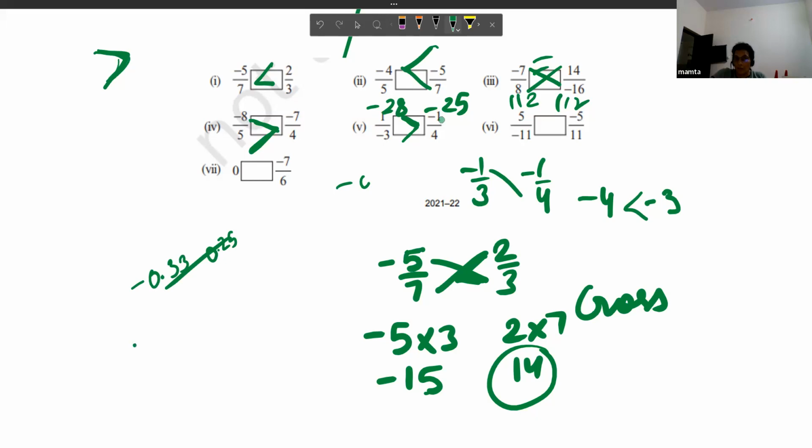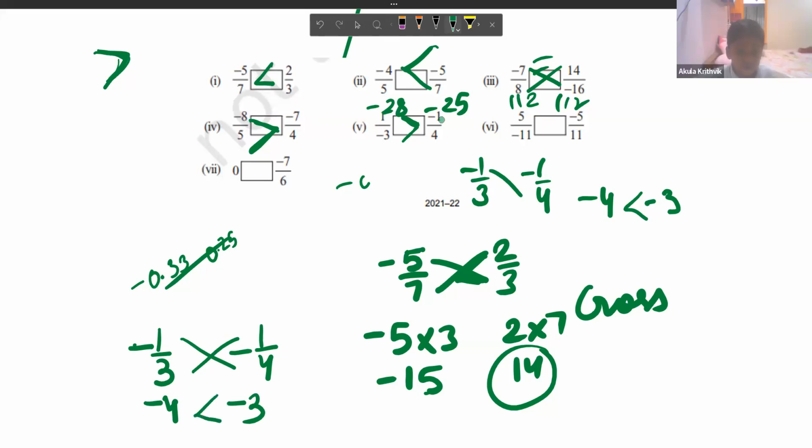This 1 upon minus 3 can also be written as minus 1 by 3. Okay. And 1 upon minus 4 can also be written as minus 1 by 4. Cross multiply only the numbers. Don't cross multiply the sign. Okay, children. So minus 4 into minus 3. So which number is greater, children?